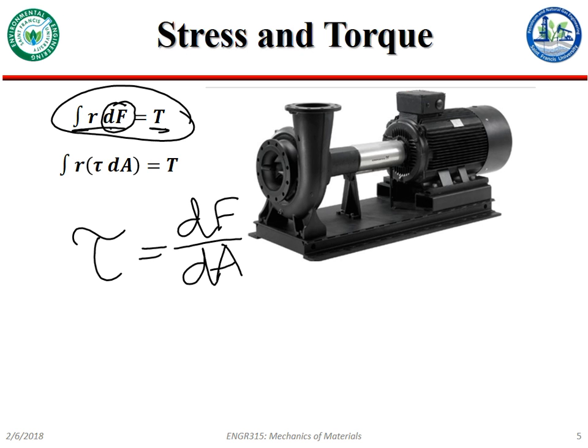So I can do a little substitution for this force and recast the expression for torque in terms of shear stress. Because if I'm creating a torque, I'm not pulling on the bar, I'm twisting it.